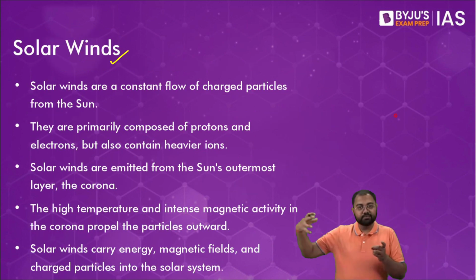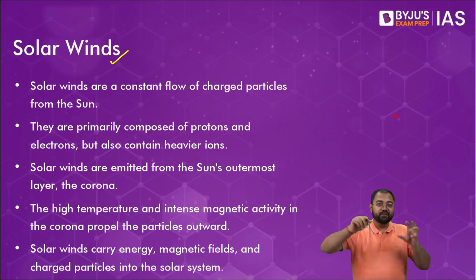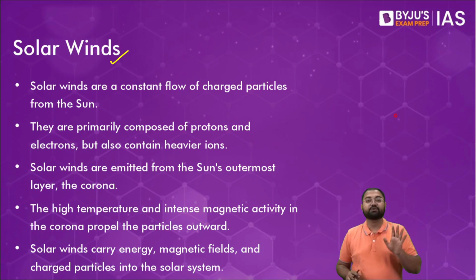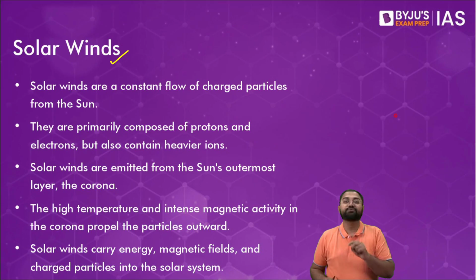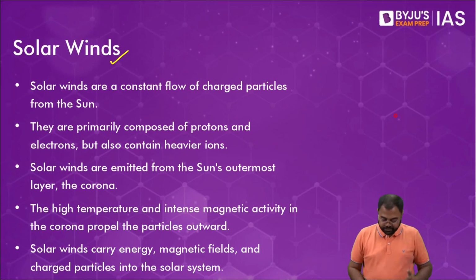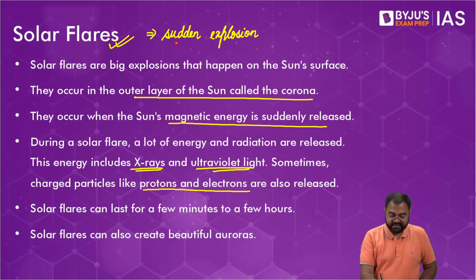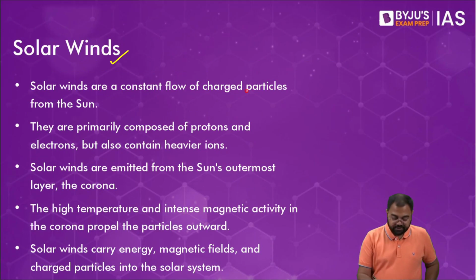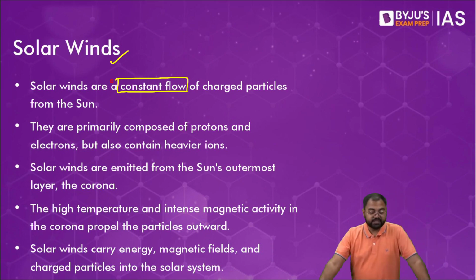So they are also being released from the sun. Solar flares are also being released from the sun. So what's the difference between the two? In case of solar flares, this is a sudden explosion, right? In case of solar winds, it's a constant flow of charged particles from the sun.